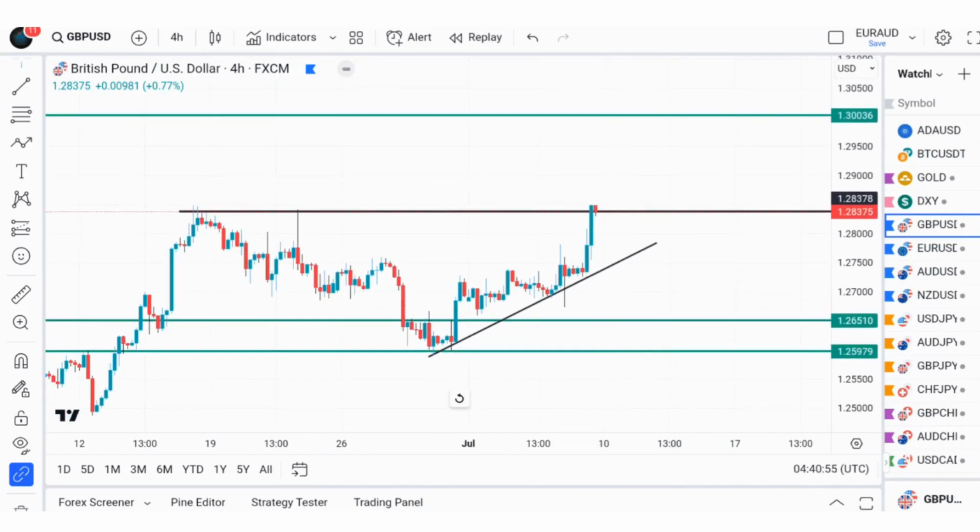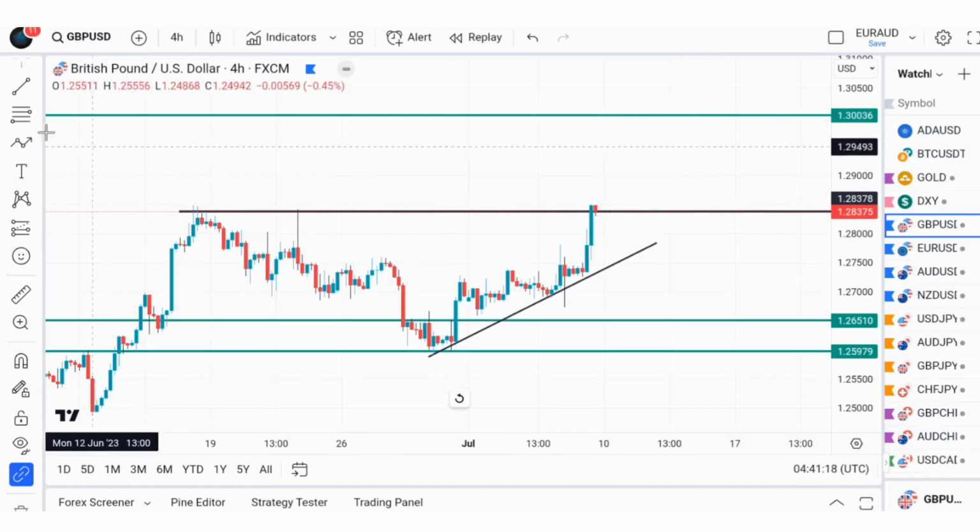So what I'm looking at is more move to the upside, but any retracement you see to this area and then you see a rejection should be an opportunity for you to look for a bullish setup to 1.3036. That is what I'm looking at right there.